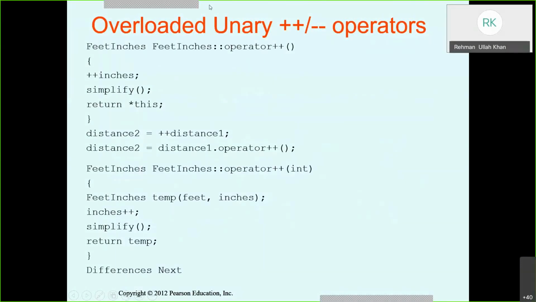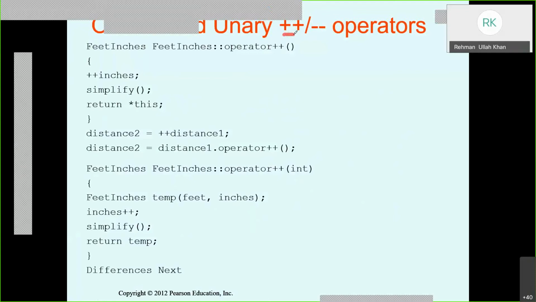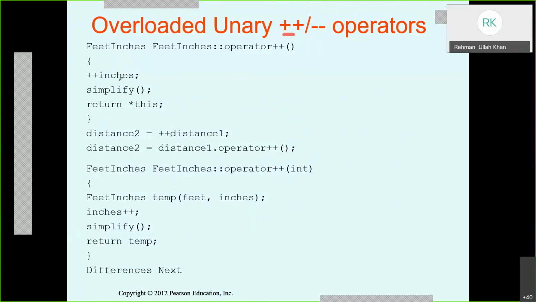If you want to overload plus plus or minus minus, it will be like this. You plus plus the inches, and there is a possibility that the inches become more than 12. If they become more than 12, then make it simplified, so the simplify function will be called. You see there is no dot calling, so actually the this pointer is calling.